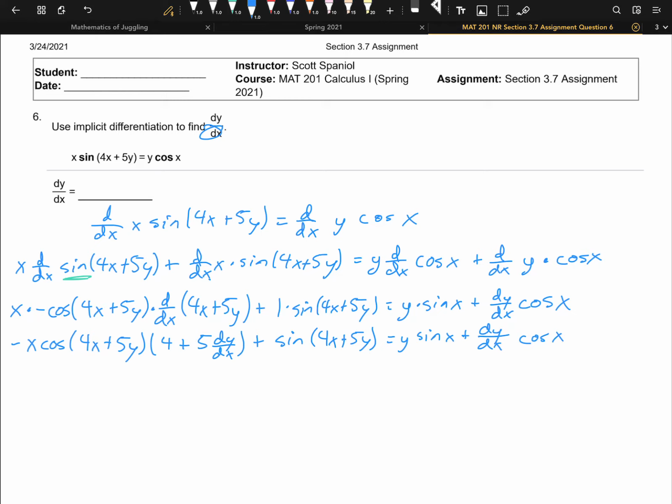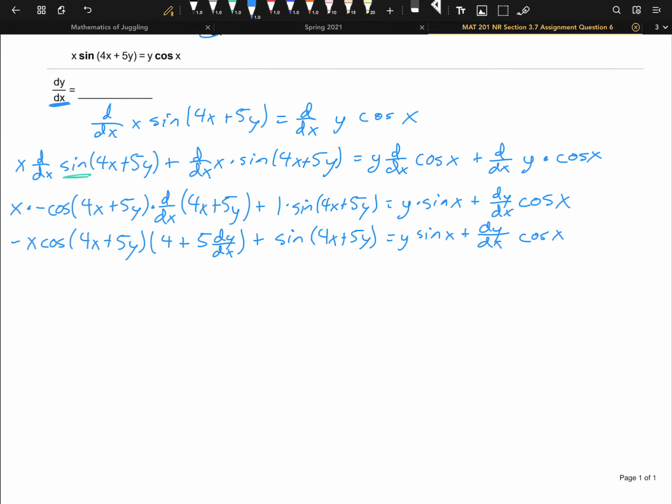Okay. And so now we've done all the derivatives, right? We've simplified them all down as much as possible. Now we're trying to find dy/dx, so we're trying to solve for dy/dx. We want to collect that on one side and set everything else on the other. First thing we want to do is distribute. We've got a number times a sum.